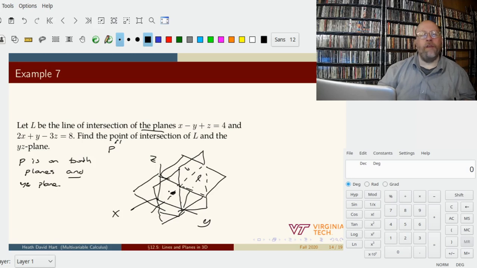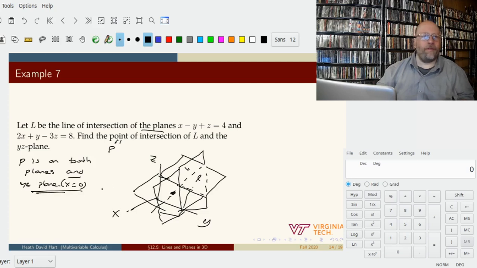And the YZ plane is important because what is the X coordinate if you're on the YZ plane? The X coordinate would be 0. A positive X value takes you in front of that plane, and a negative coordinate takes you behind the YZ plane. But X has to be 0 if we're on that plane.